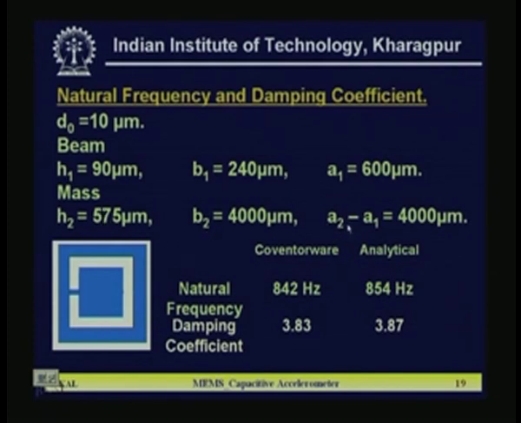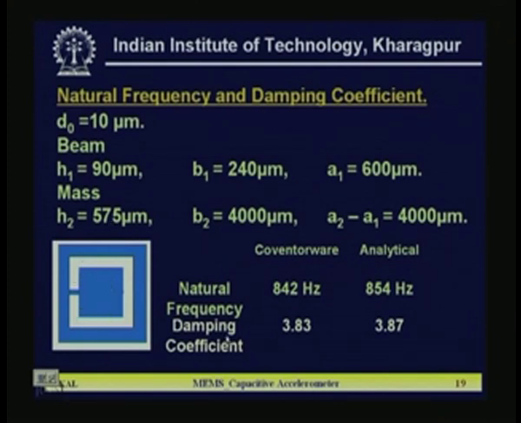B2 and A2 minus A1: B2 is the width of the mass, 4000 micron, and A2 minus A1, you can see, is the length of the proof mass, which is again 4000, that is, a square seismic mass you are using, 4000 by 4000, and its thickness is 575 micron.